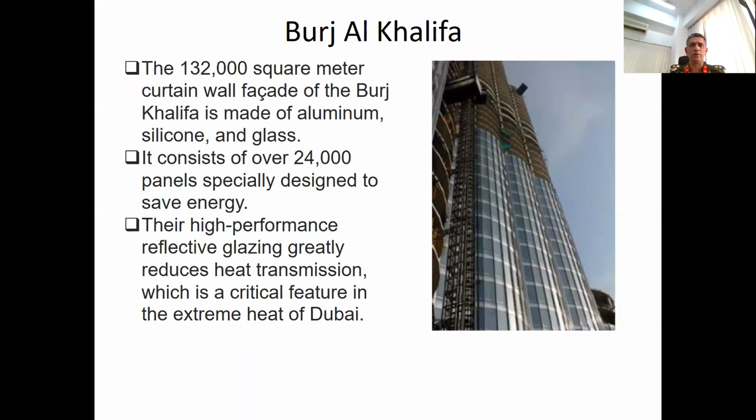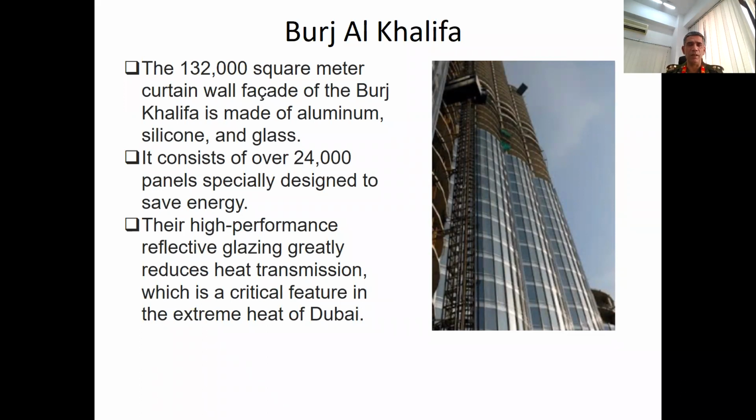In the last class, I was talking about engineering materials. We defined engineering materials, and then we discussed the various types of engineering materials. Especially, I took one example of Burj Khalifa, where we saw that they use a huge amount of concrete, which is one of the engineering materials.